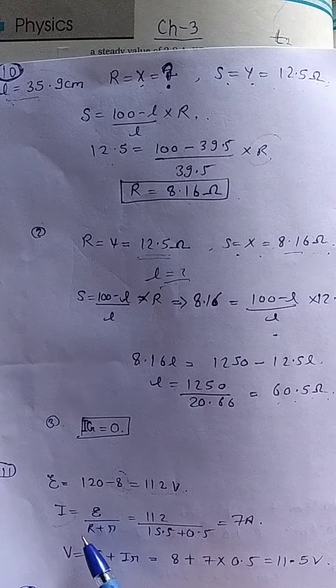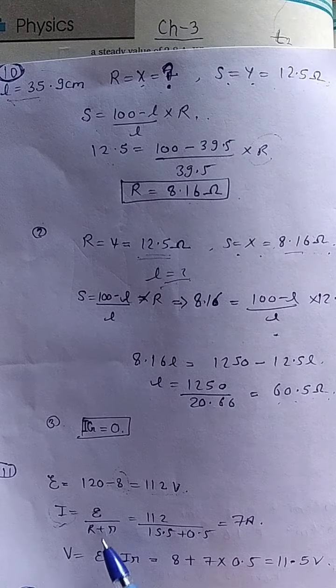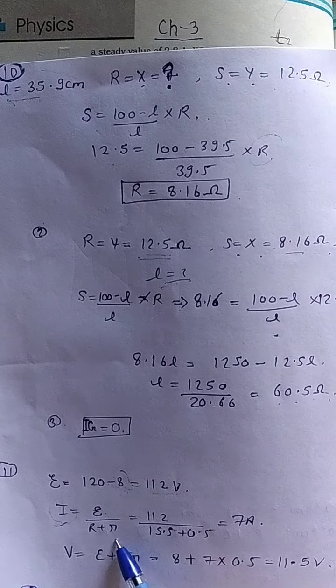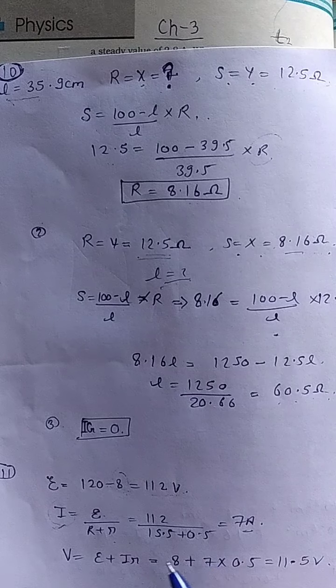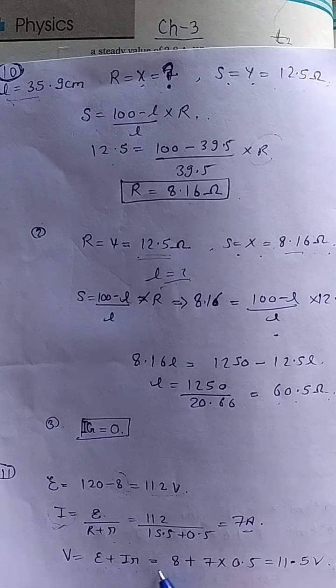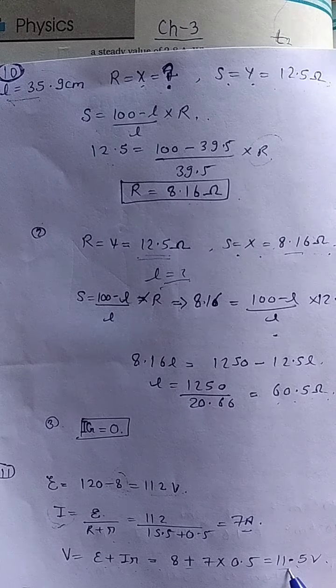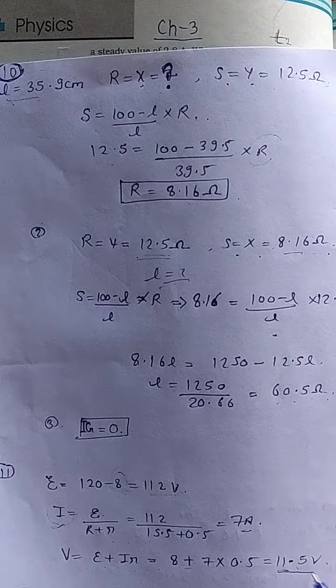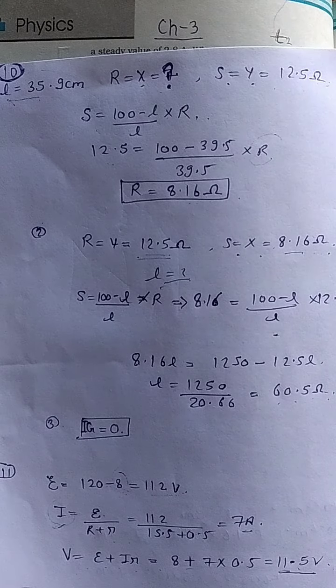We have to calculate the value of I, that we can calculate from the formula epsilon upon R plus r, that is equal to 7 ampere. Then we have to calculate the terminal voltage V, that is equal to epsilon plus Ir. By putting the values, we can calculate the terminal voltage, that is equal to 11.5 volt. Now the 11th question is completed.